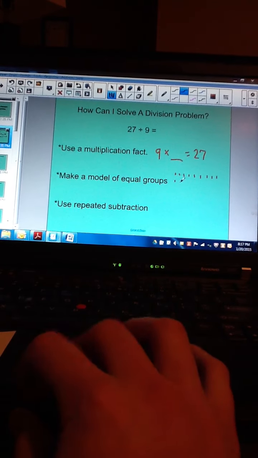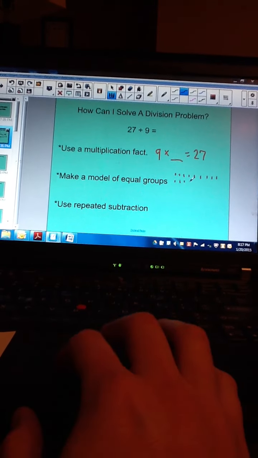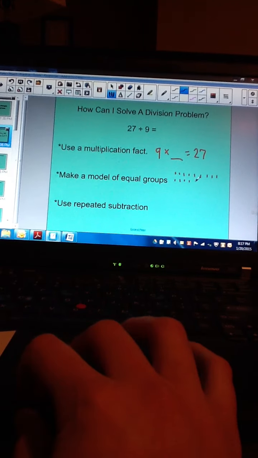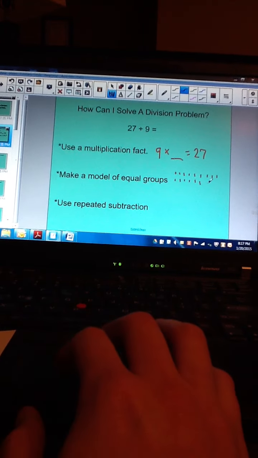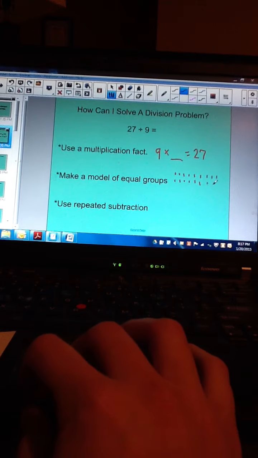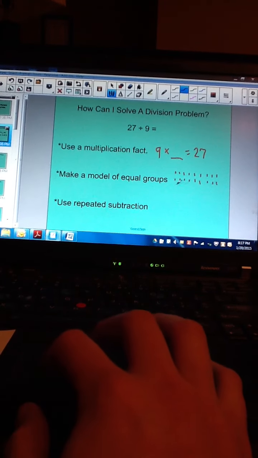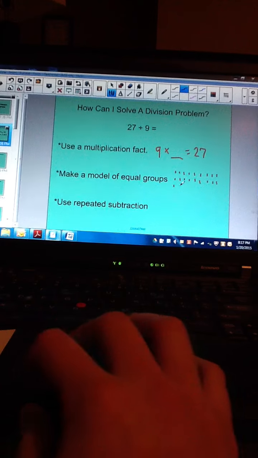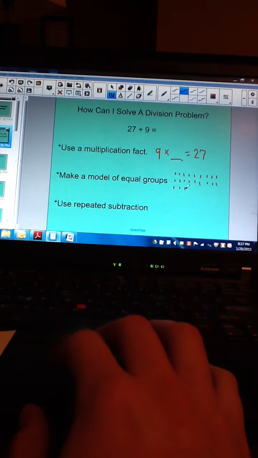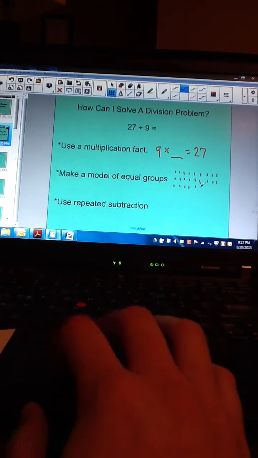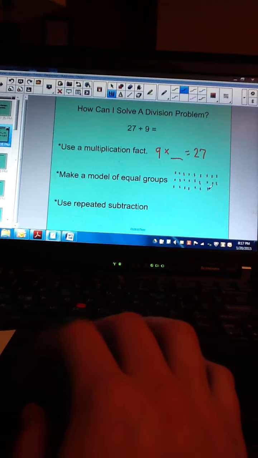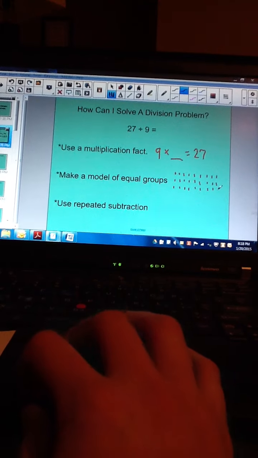10, 11, 12, 13, 14, 15, 16, 17, 18, 19, 20, 21, 22, 23, 24, 25, 26, 27.